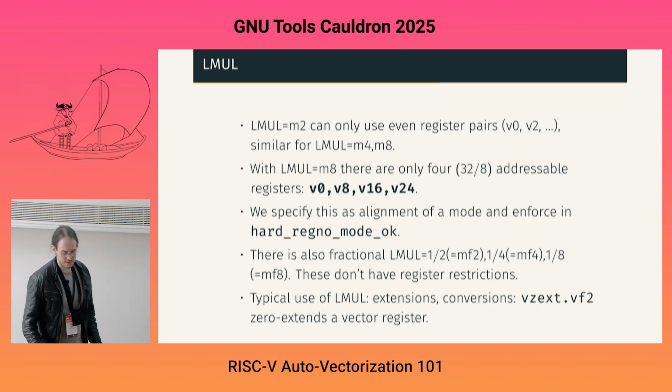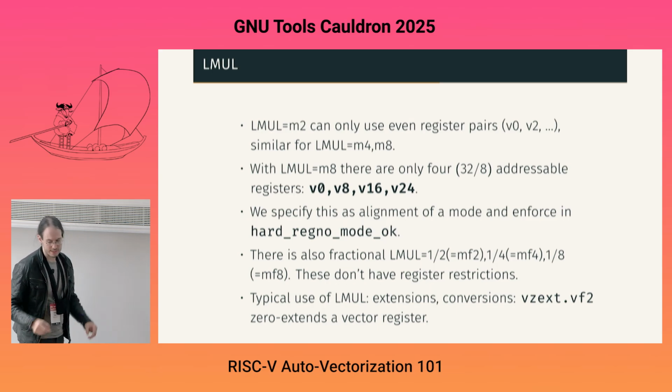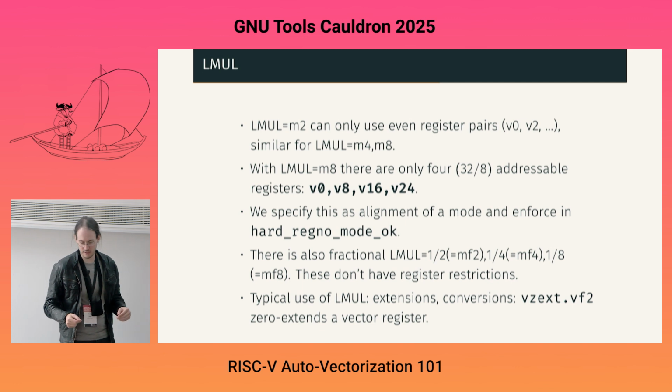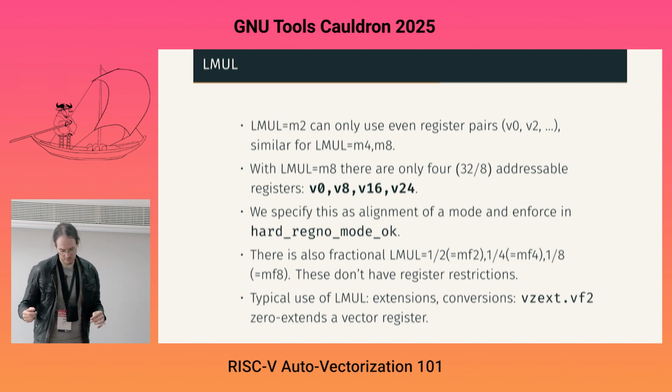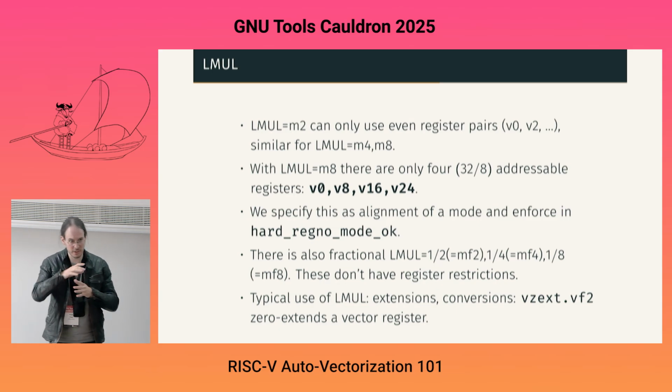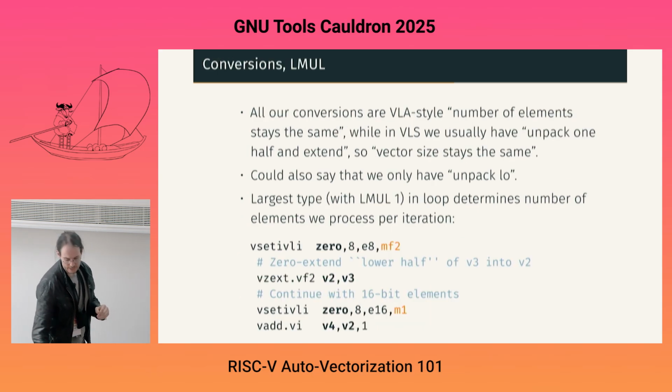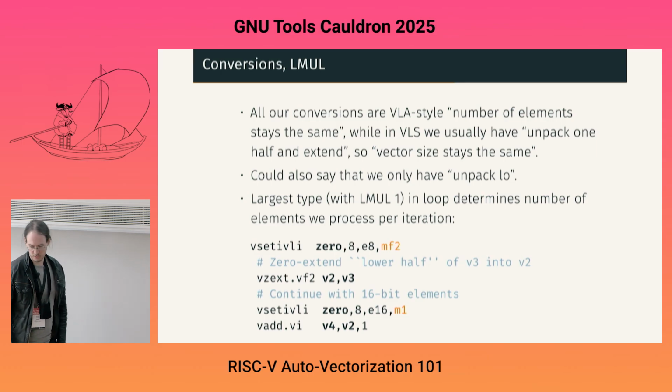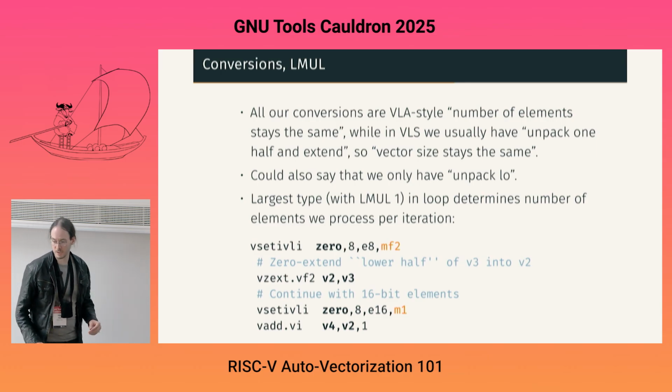And this gets us to a typical use of LMUL, extensions or conversions. V0 extend, for example, vzext.vf2, zero extends a vector register. And as you can imagine, if you increase the size of the elements, something must happen to your vector size somehow. And this is a slide about that one. How do we do that?